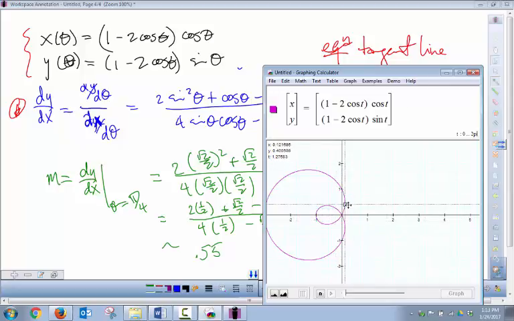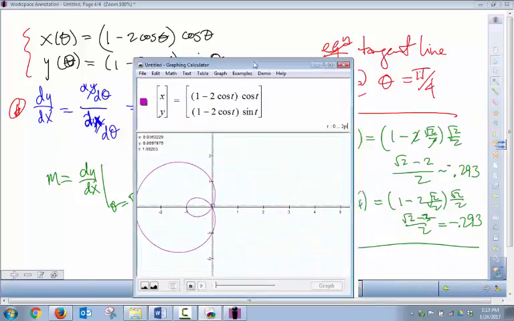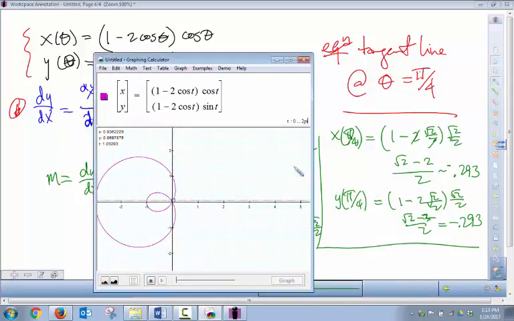And when theta is pi over 4, although pi over 4 is pointing in the first quadrant, our values look like they were negative, and so they put us on the negative side.